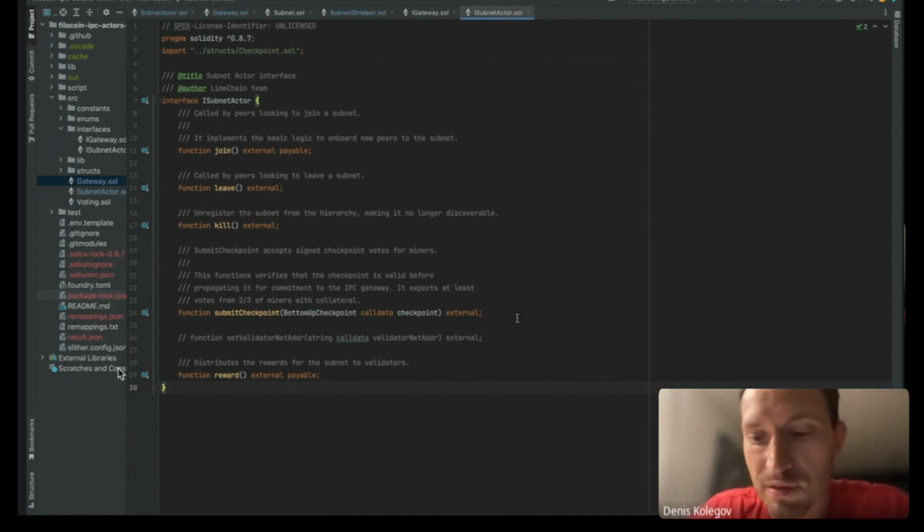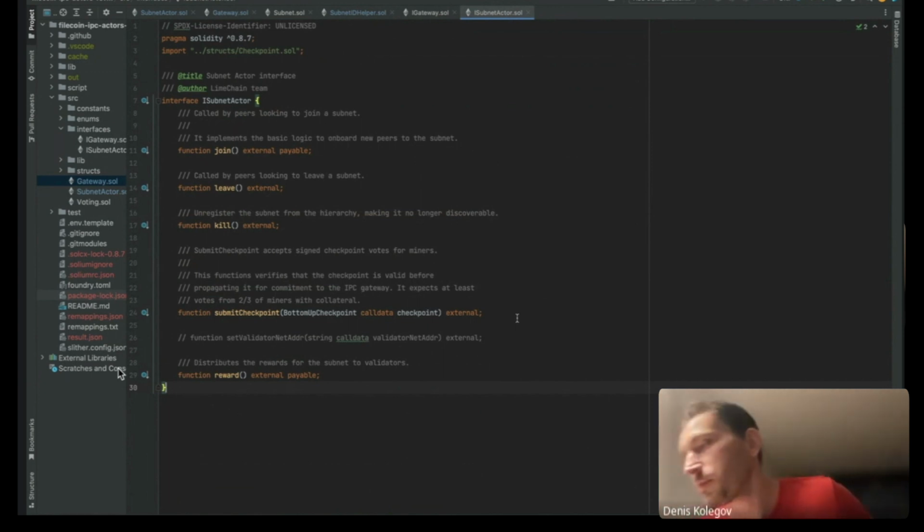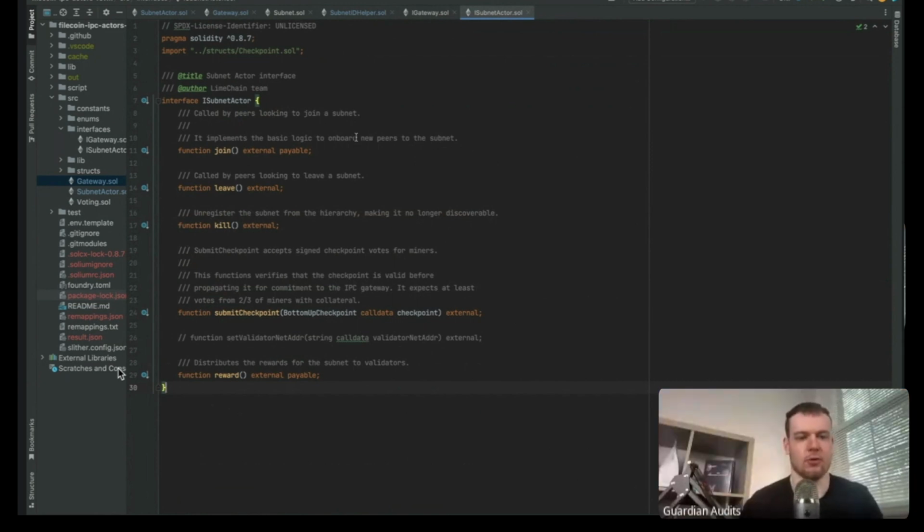In this case, it's possible to send a message from absolutely different subnets in the hierarchy. Got it. So this submit checkpoint is going straight up to checkpoint with ultimately the root network, right? Yeah.